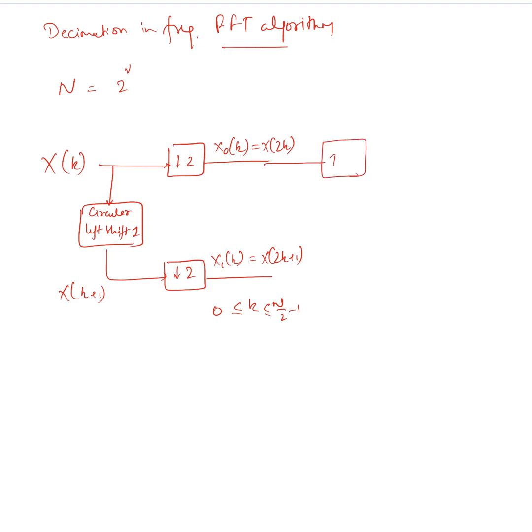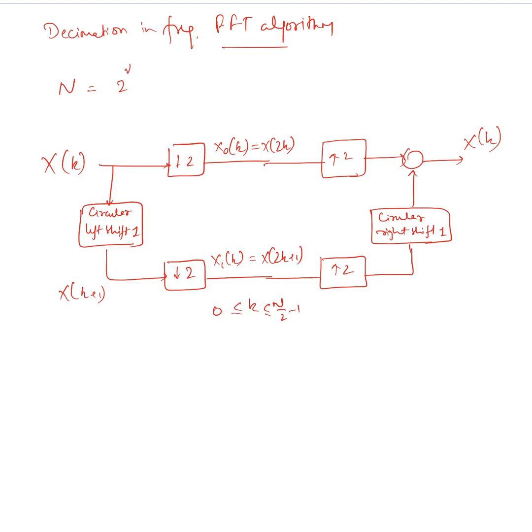Then for the reconstruction, we shall upsample them by a factor of 2, and the opposite shifting operation, this is a circular right shift by 1, and then summing up these two sequences would give you X of k. This is the overall block diagram.